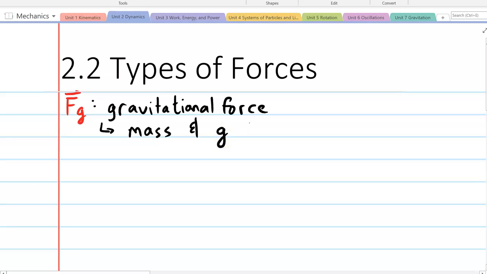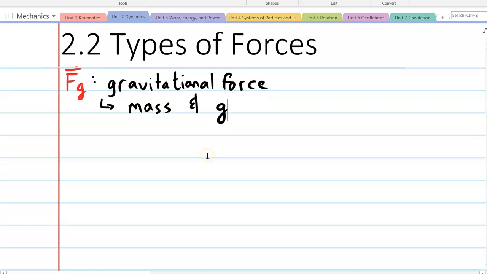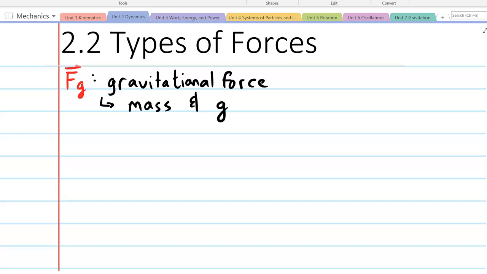We learned what g is in the last unit. On Earth it is 9.81 meters per second squared, so this is like an acceleration, if you want to think of it like that. The whole thing depends on both these quantities. In fact, we give it a name in English. It's called weight.